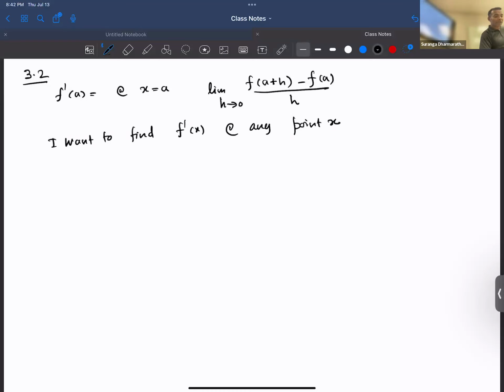Instead of f prime a, I want to find f prime x. What do you think that I should write differently? You should be able to guess it now. What do you do?